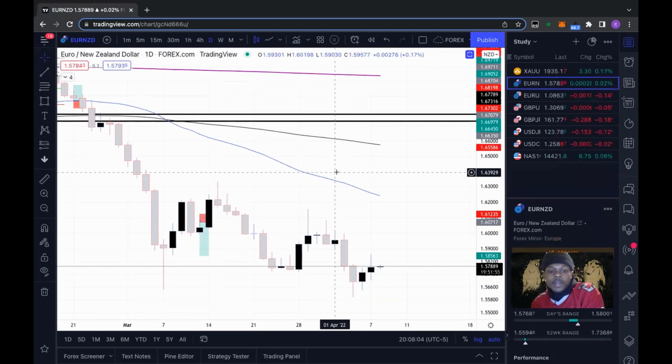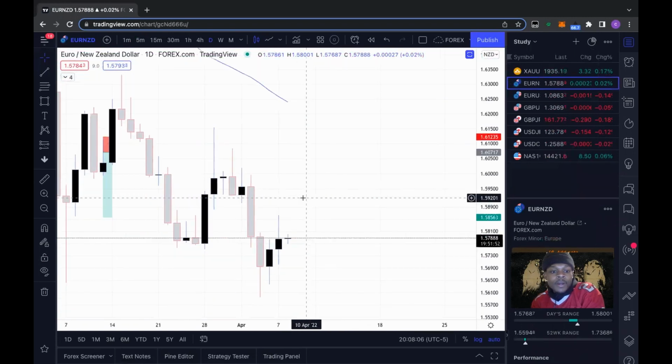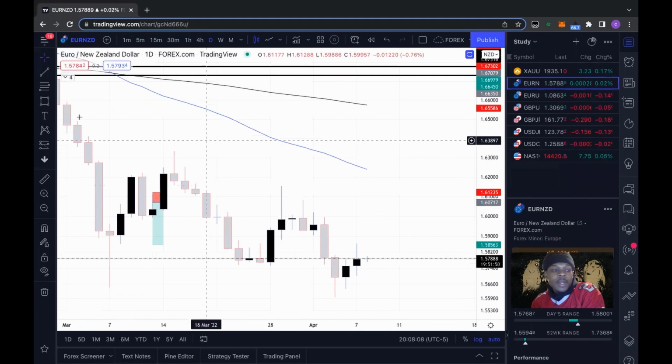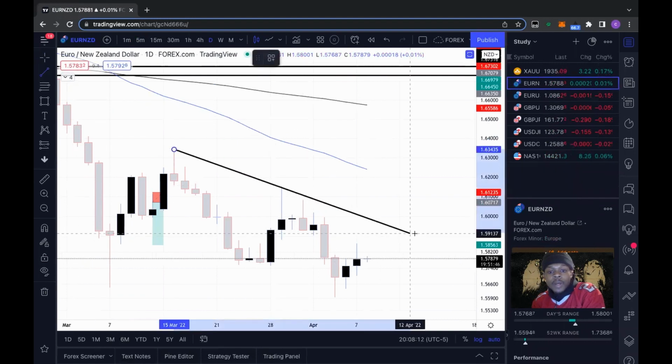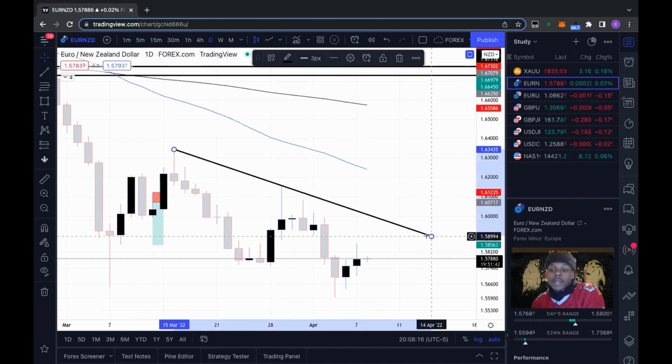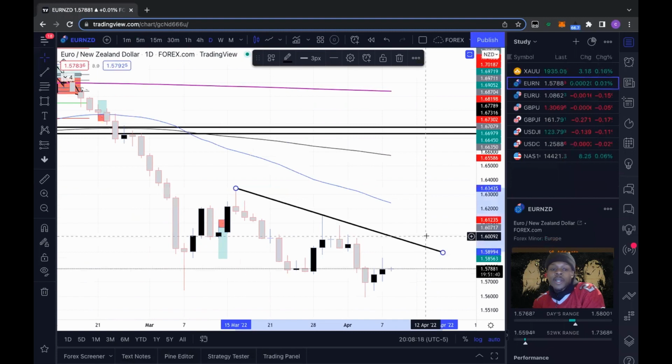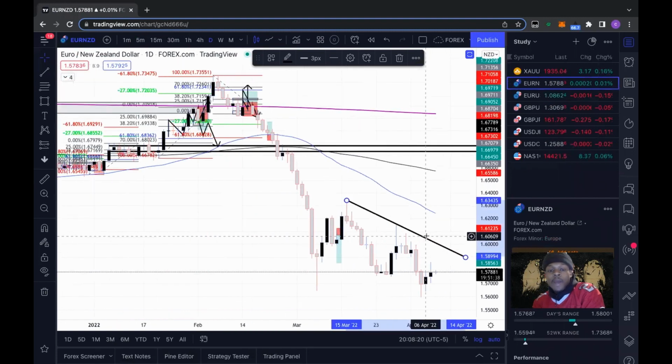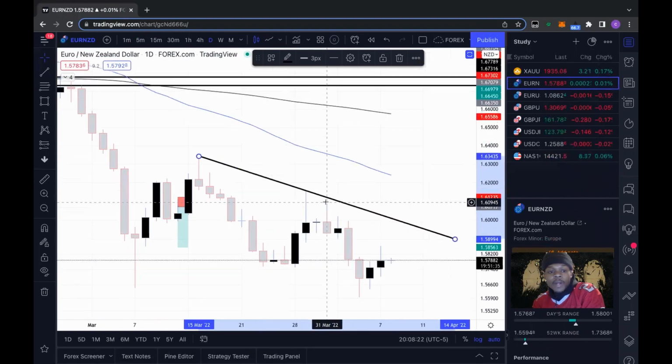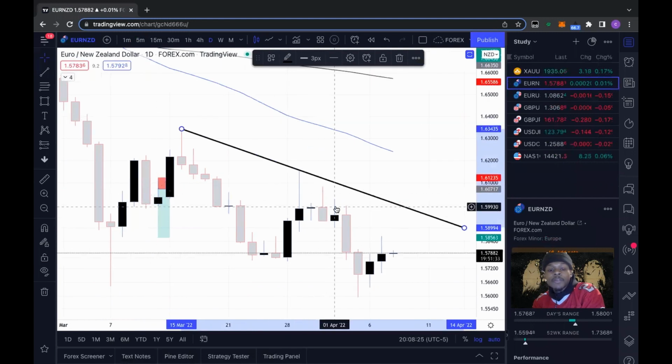Yeah. So I'm gonna start with the daily chart, and as you guys can see, we have been in a downtrend, right? So first thing I like to do is find out what type of trend I am in the market, right? I find out what type of trend I'm in, and as you guys can see, for a while, the market has been moving down, right? The market has been moving down.